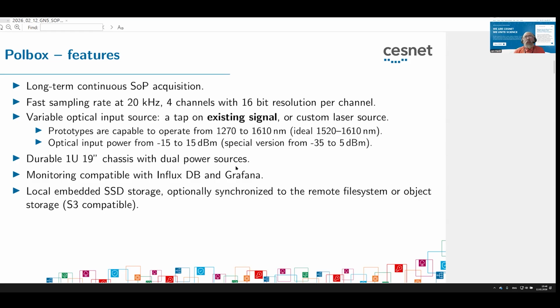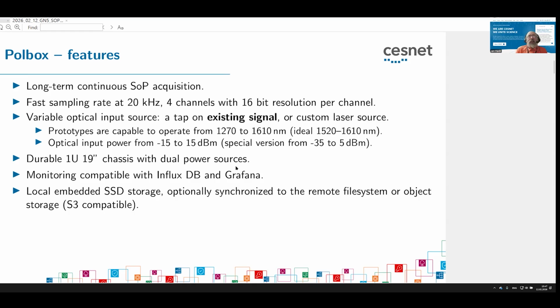Just a normal chassis. Its monitoring capabilities are compatible with InfluxDB and Grafana. Also, you can synchronize your files to a remote file system or S3-compatible object storage. If anybody knows S3, it's really not for the faint-hearted.